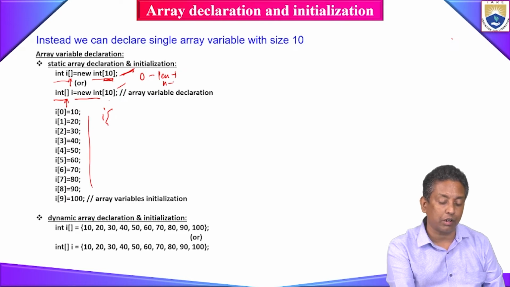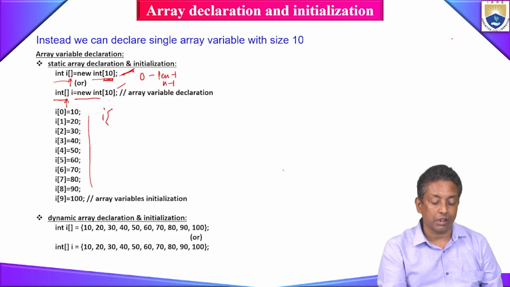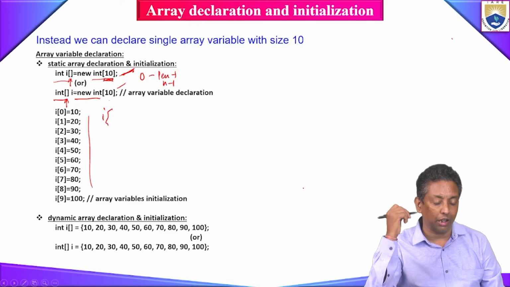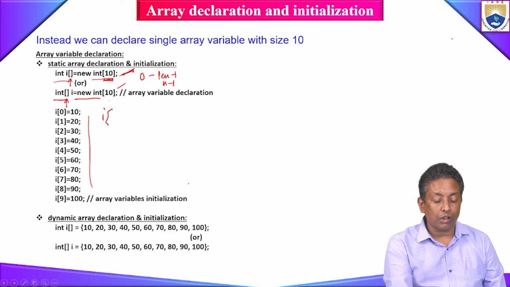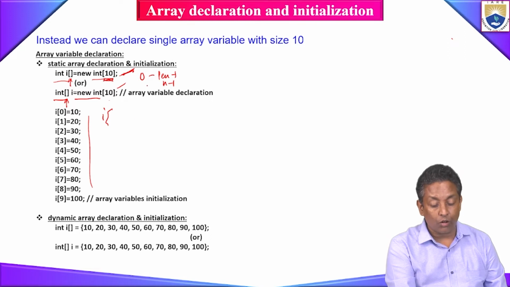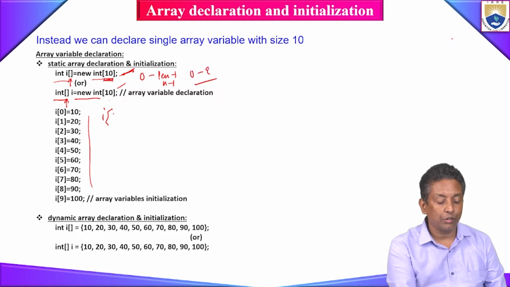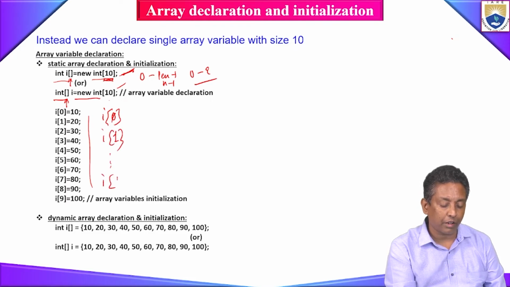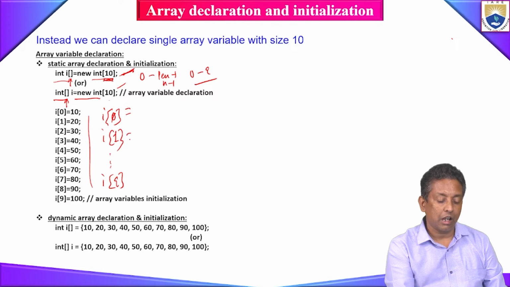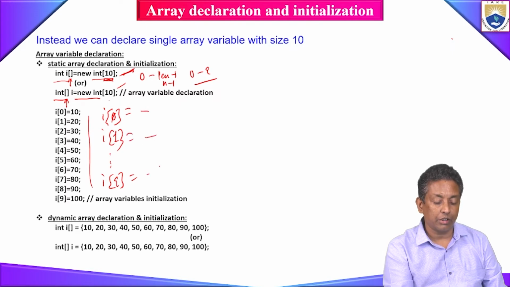Some people call it length minus 1, some people call it n minus 1, where n means the last number. So the index is 0 to length minus 1. Suppose the array size is 10, the index is 0 to 9. So you write i of 0, the next i of 1, and so on up to i of 9. You can access its indexes, and you can initialize values to these variables.